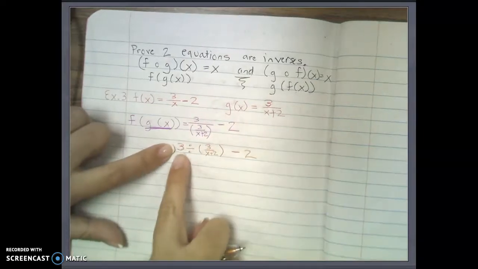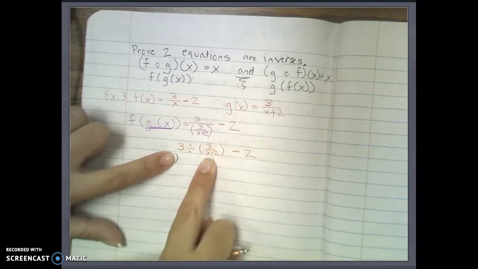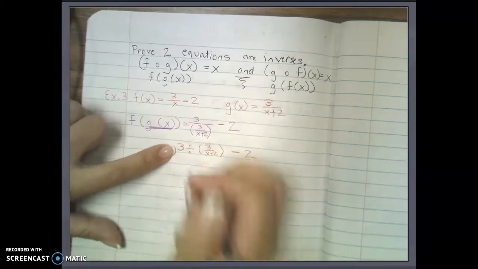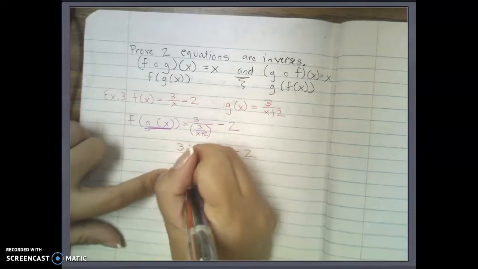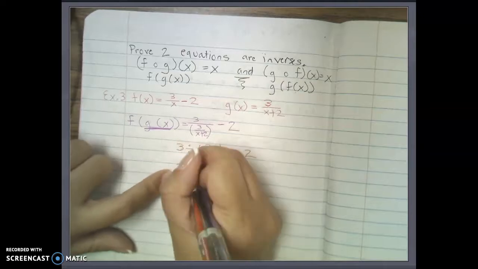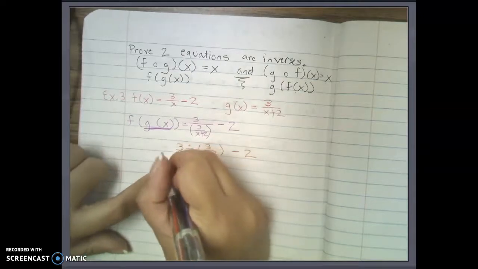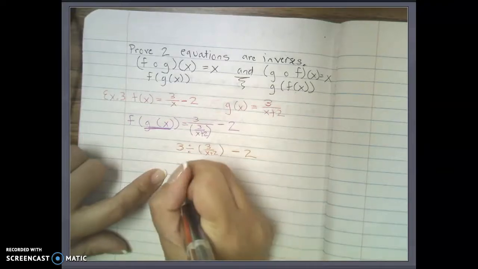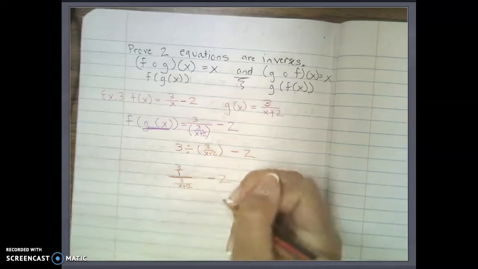So how do we divide? Well, this one's a fraction, and this one's not a fraction. So I'm going to make both of these fractions so I can divide them. So I have 3 over 1, and now I'm going to divide it by 3 over x plus 2, minus 2.